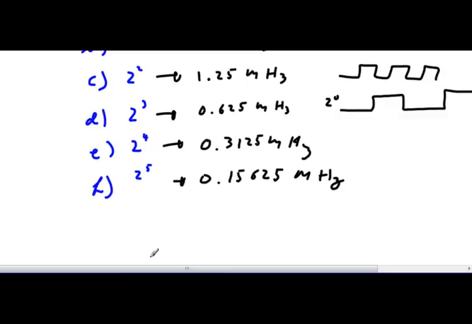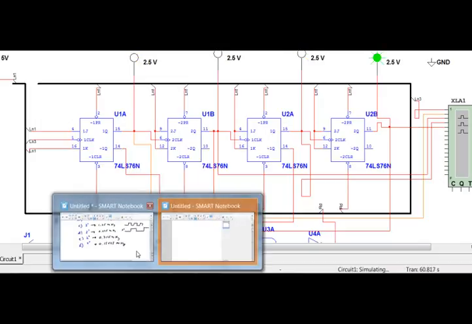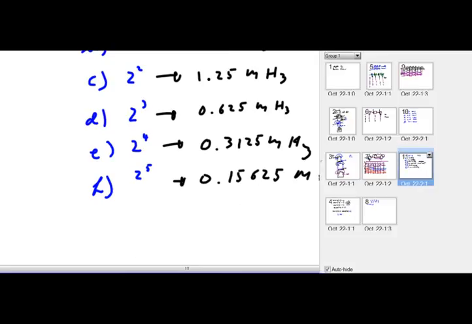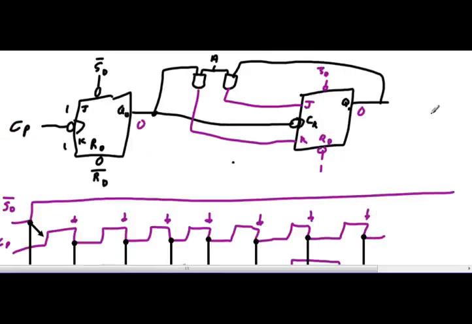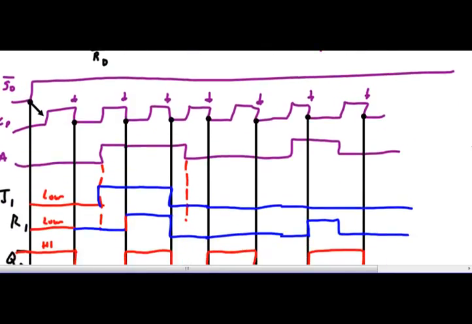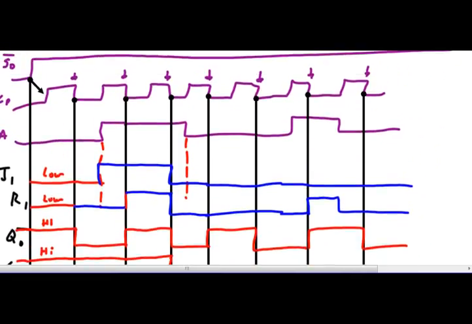So we come back to, where is it? Which one had a clock? So this one had a clock. But I really don't have a most significant bit. Yeah, there we go.